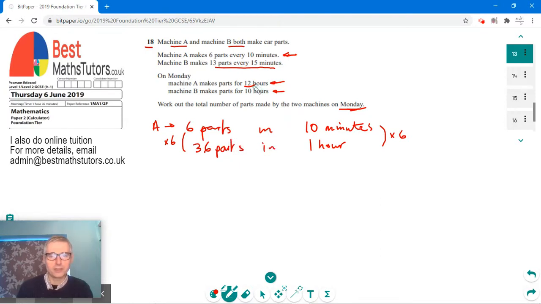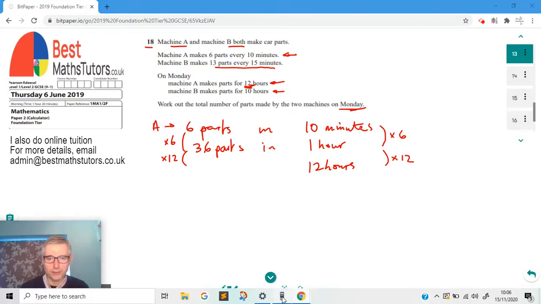So we can see that we get 36 parts from machine A in 1 hour. And we're told that machine A is working for 12 hours on the Monday, so that's going to have to be multiplied by 12. So 36 times 12 is the number of parts in 12 hours.